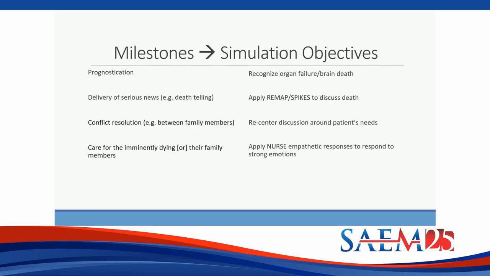I get to allow them to practice delivering serious news by interacting with that standardized patient. Maybe you have two standardized patients and they're in conflict with each other about what they want to do. So then they get to address that milestone of conflict resolution, and they're going to have strong emotions. So they'll be able to use an evidence-based approach to responding to strong emotions, such as a NURSE mnemonic.